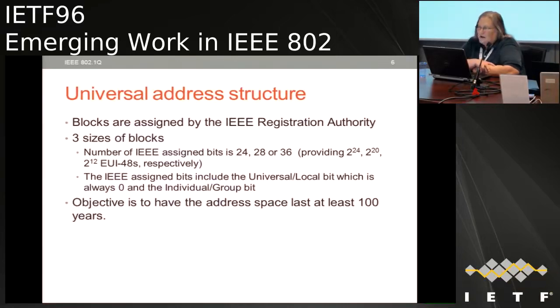That value is called an OUI, an organizationally unique identifier, and it has other uses as well as address blocks. The other two sizes are 2 to the 20th addresses and 2 to the 12th addresses, so that if somebody only needs a smaller number of addresses, we don't consume the full block of address space to give them some addresses.